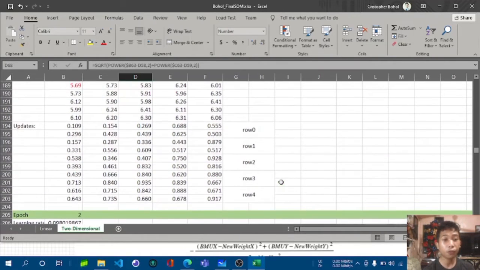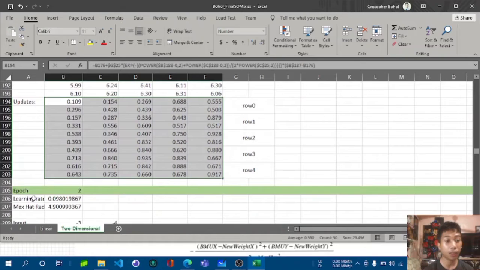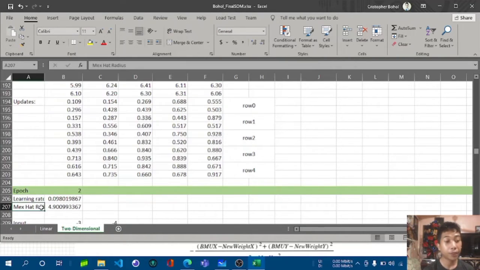So after solving this, the updated weight would be used for another epoch. So instead of reusing the first initialized weight, we need the new updated weight for us to solve for another epoch. But we need to change the learning rate and the radius or sigma.